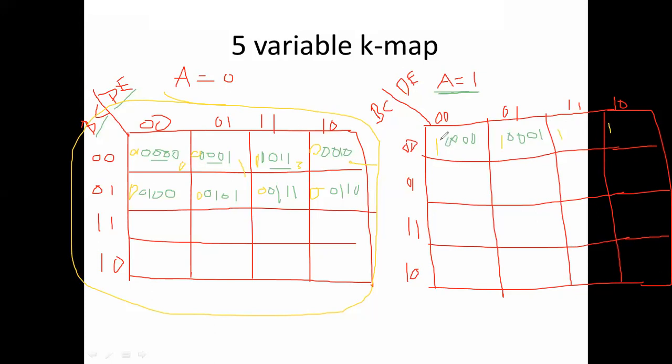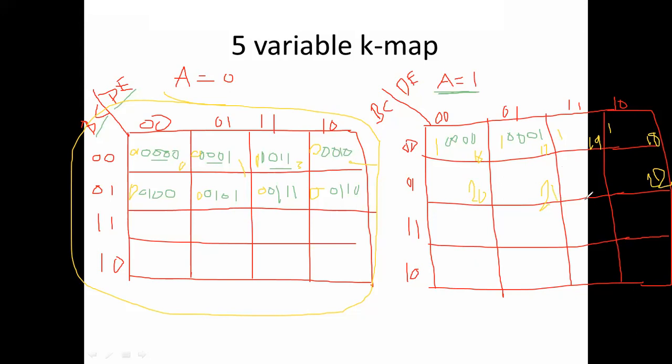Then we are taking the combination 1, 0, 0, 0, 0, which is equivalent to 16. This is equivalent to 17. Next, here we are getting 18. Here we are getting 19. Next, 20, 21, 22 here.